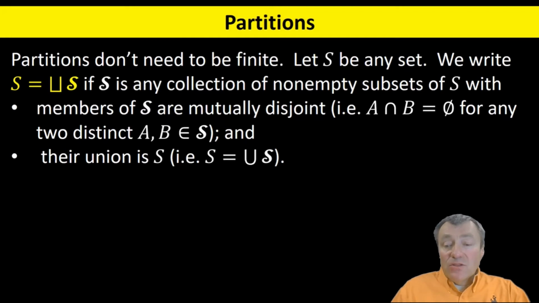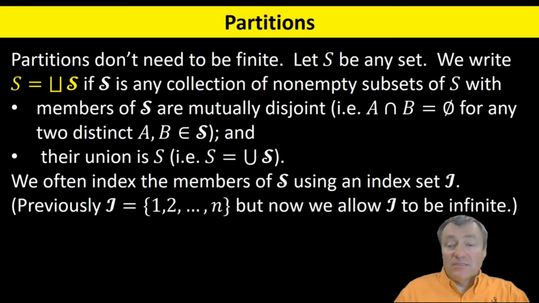The usual cup symbol can be used to express their union, but we can also use this square cup symbol to emphasize this is a disjoint union in which the parts are mutually disjoint. This gives us a partition of the set S. It's often convenient to index the parts of the partition.